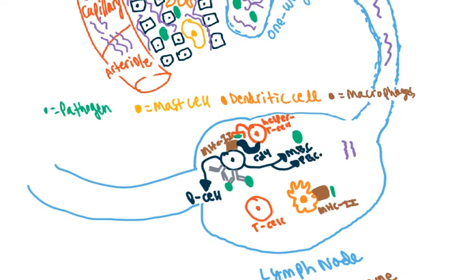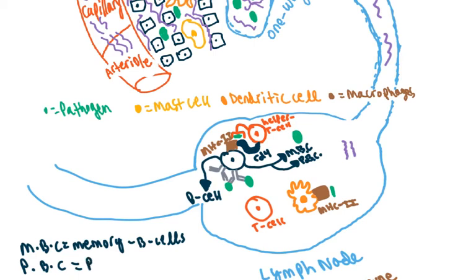So memory B cells and plasma B cells. Let's write that down so we don't confuse the abbreviation. MBC stands for, in this video, memory B cells, and plasma B cells is what that stands for. So that's what we're going to see.